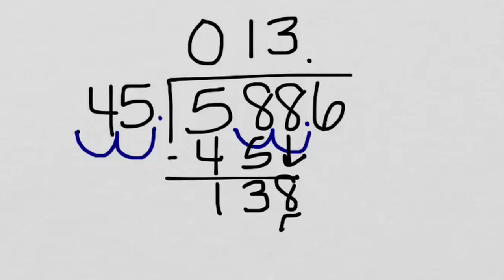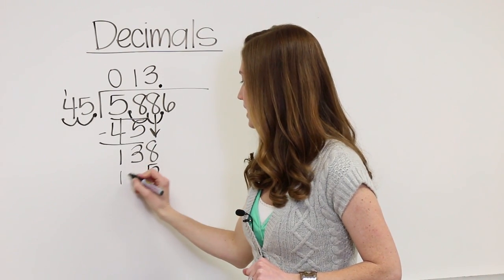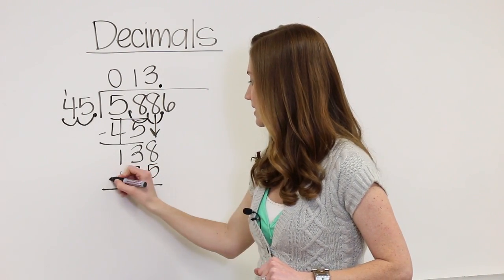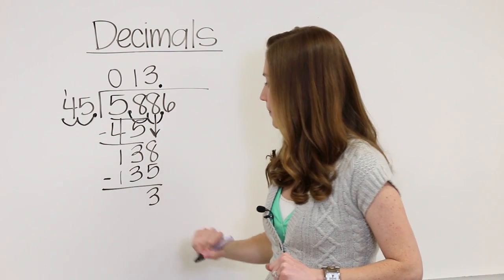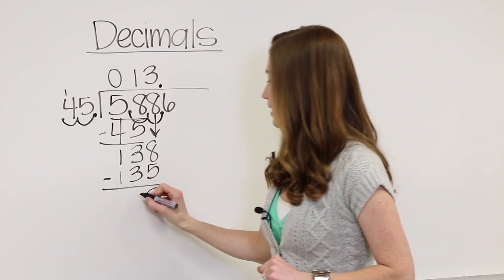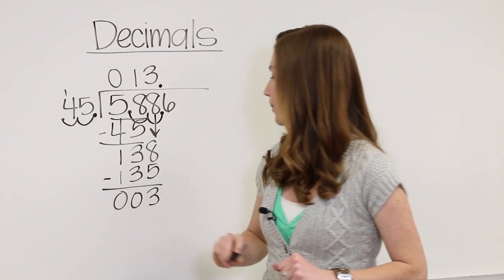We write the 5, carry the 1. 3 times 4 is 12, plus 1 is 13. Let's subtract. 8 minus 5 is 3. 3 minus 3 is 0, and 1 minus 1 is 0.